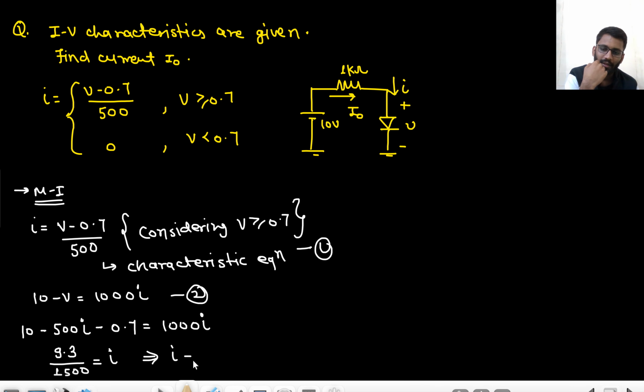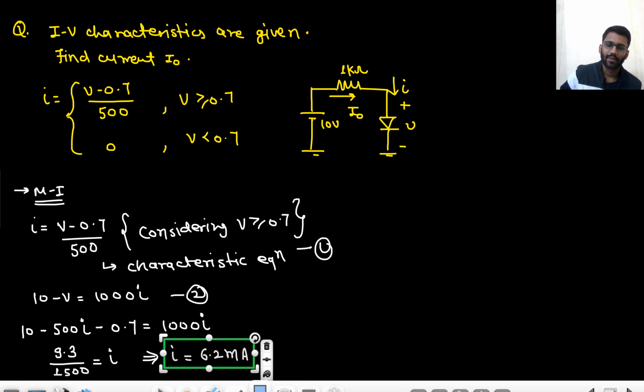Multiplying by 1000, I can do 9.3 by 1500 into 1000. So 6.2 milliampere I am getting. Okay, 6.2 milliampere I am getting. This is method 1.